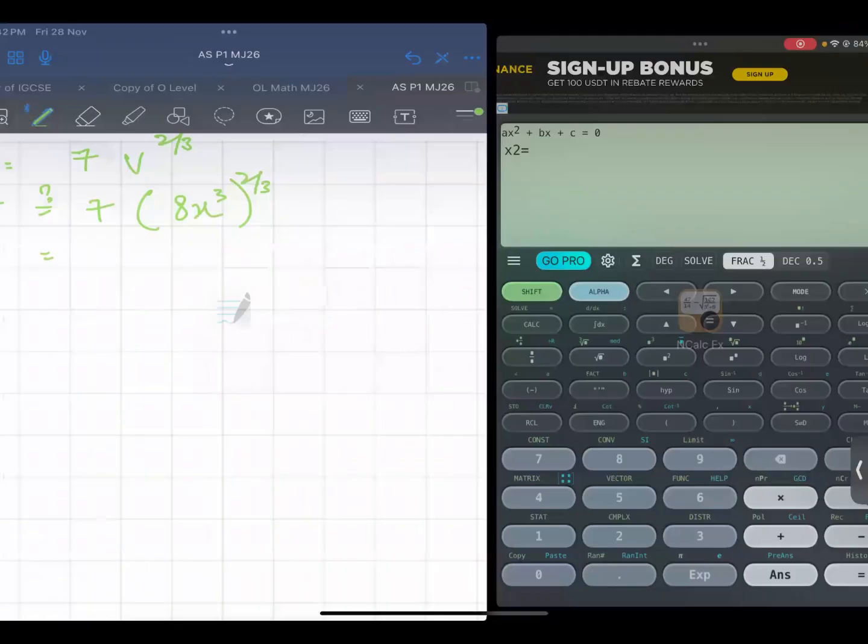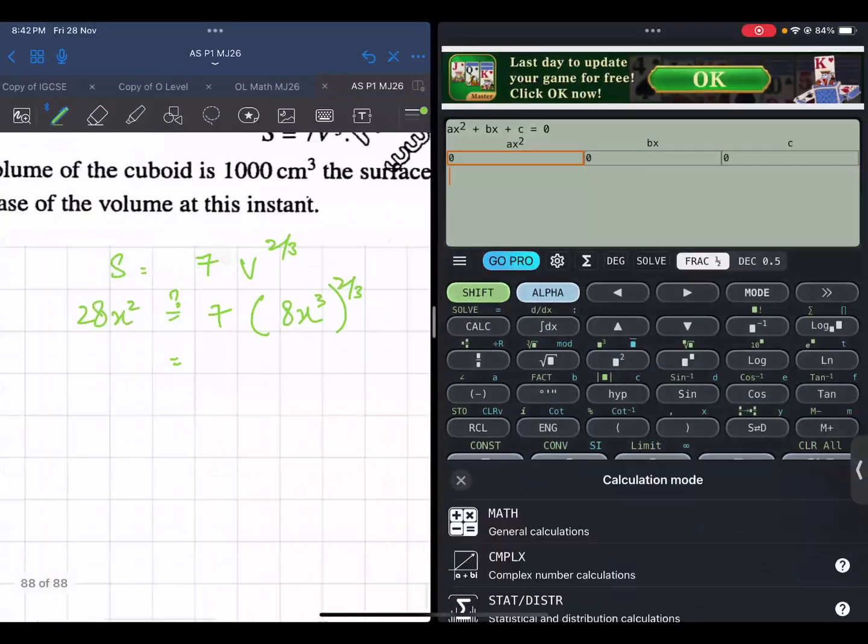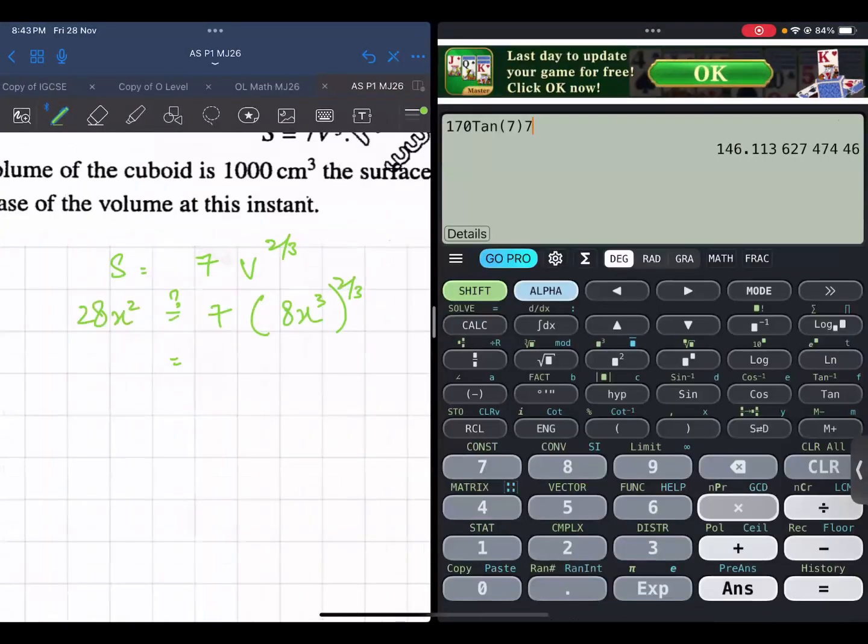The x is already the same. 7 multiplied by 8 power 2 upon 3, which is 28. So 28x square, it's the same thing. Left hand is equal to right hand. So therefore shown.